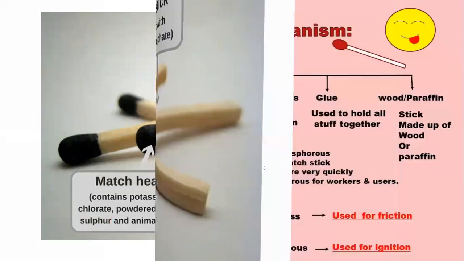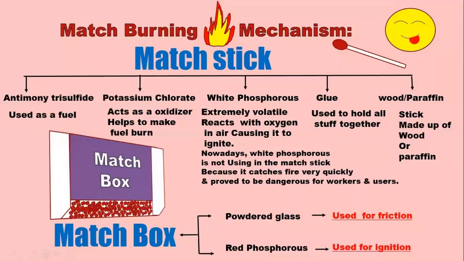Here you can see the chemistry of the matchbox. So the box contains what? The matchbox contains phosphorus, here red phosphorus, very important. Red phosphorus easily catches fire due to heat. The head of the matchstick contains sulfur compounds.